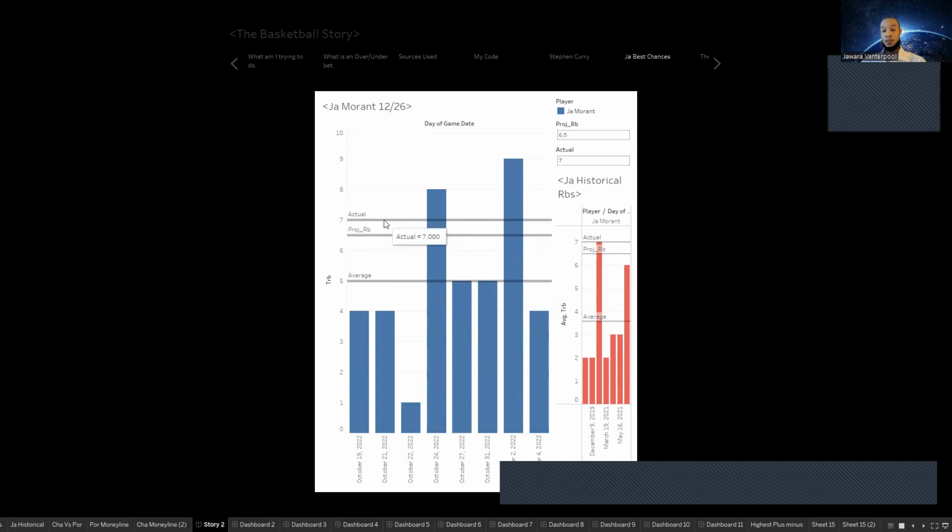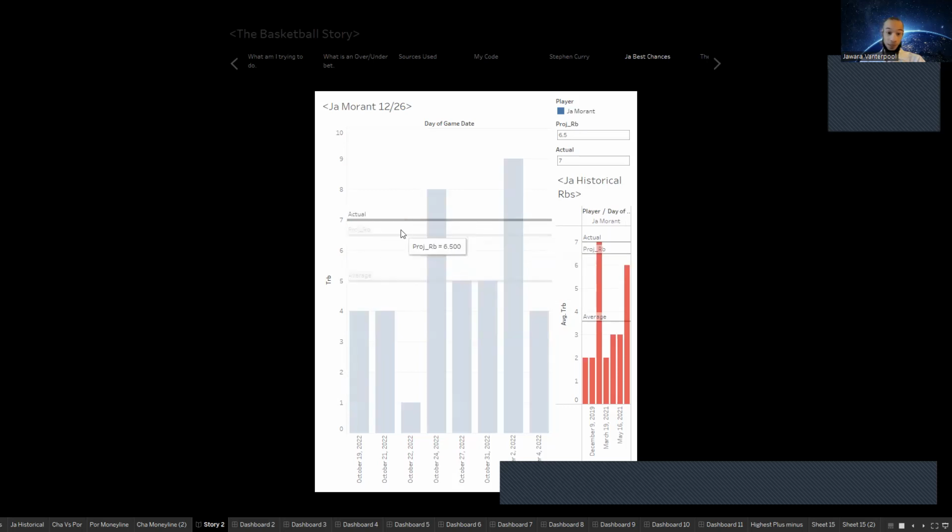And this is all to say that gambling is a risk, and there are real life factors that you can't account for. So you can predict to the best of your abilities, but we don't have the ability to predict the future just yet.